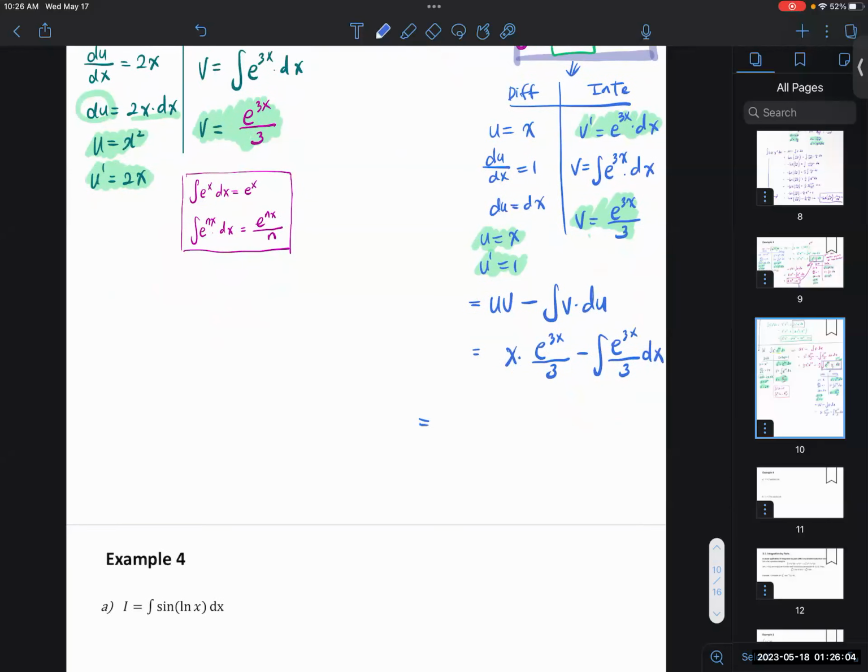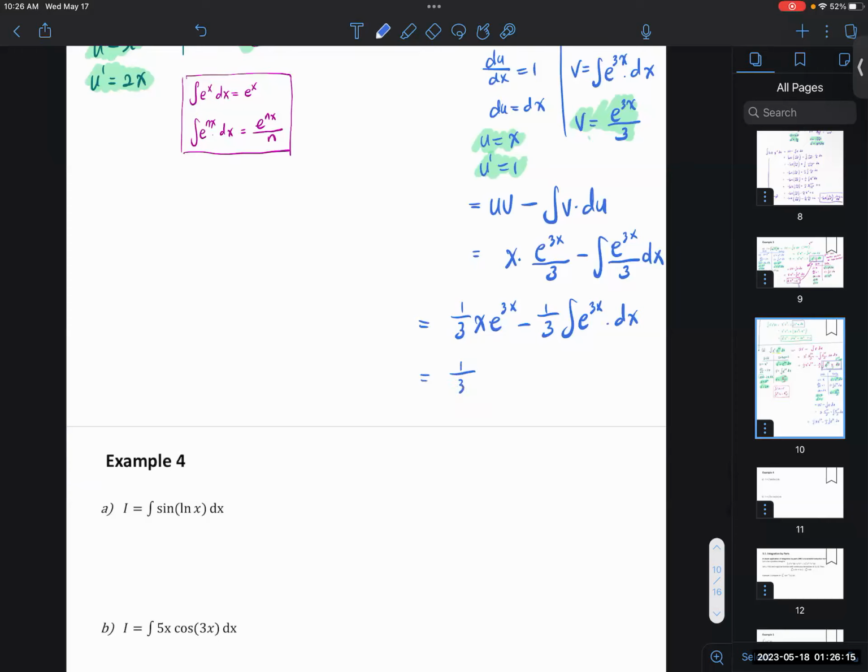So it is going to be 1 over 3 x e to the 3x, bring 1 over 3 out, e to the 3x dx. Keep going. That means 1 over 3 x e to the 3x, and then this part, e to the 3x divided by 3 plus c. But we don't need to write down plus c right now.